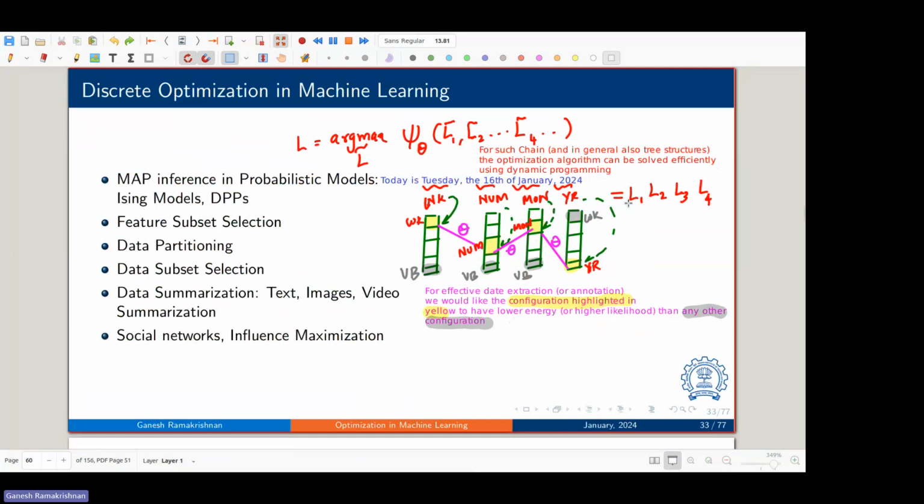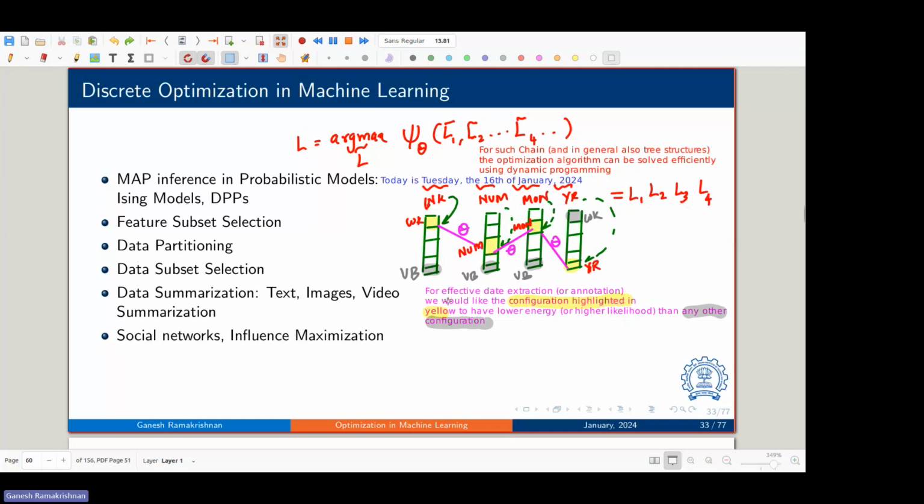But then the context tells you that this is the right interpretation: week, num, month, year. So what you're doing is you have a range of possibilities. Find that path L1, L2, L3, L4 that again minimizes energy or maximizes likelihood. So these are examples of discrete optimization problems.